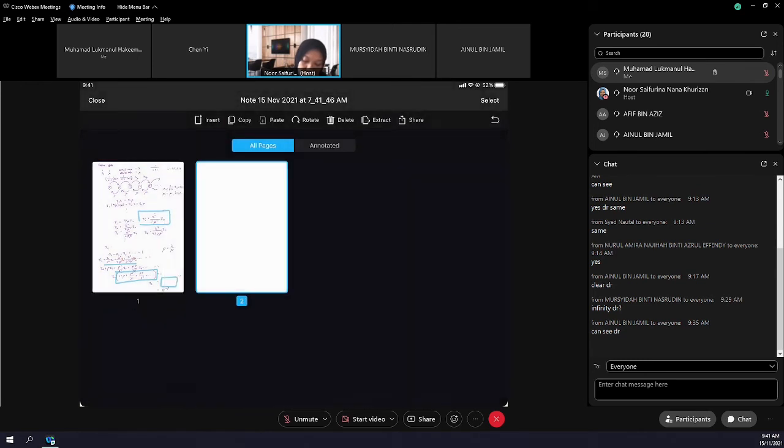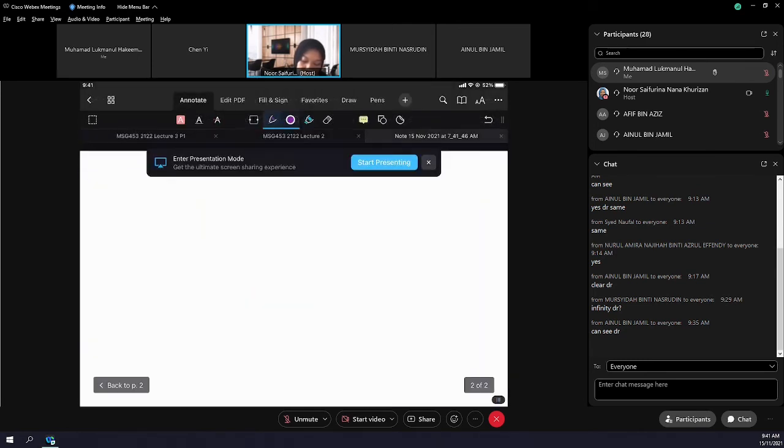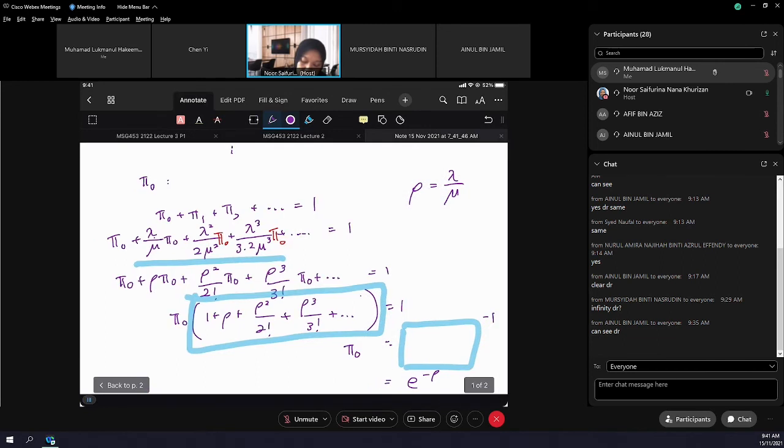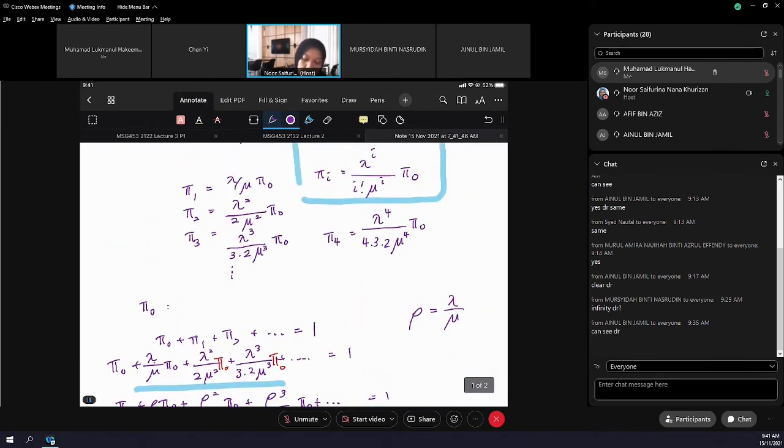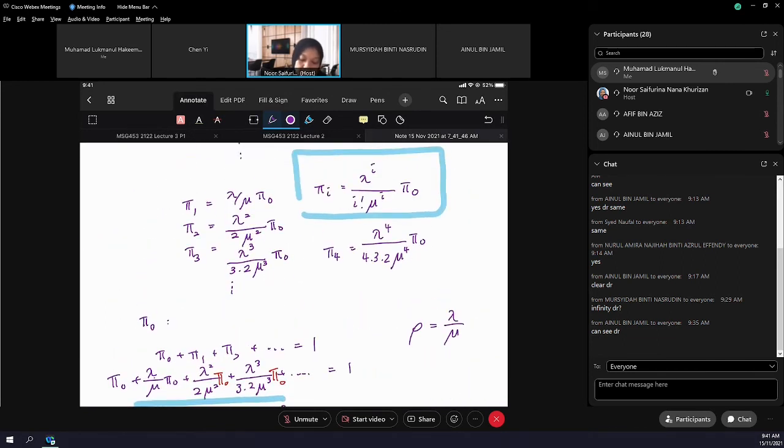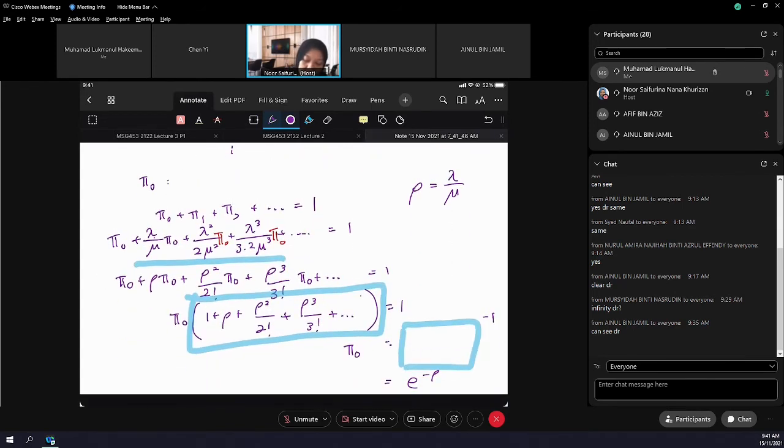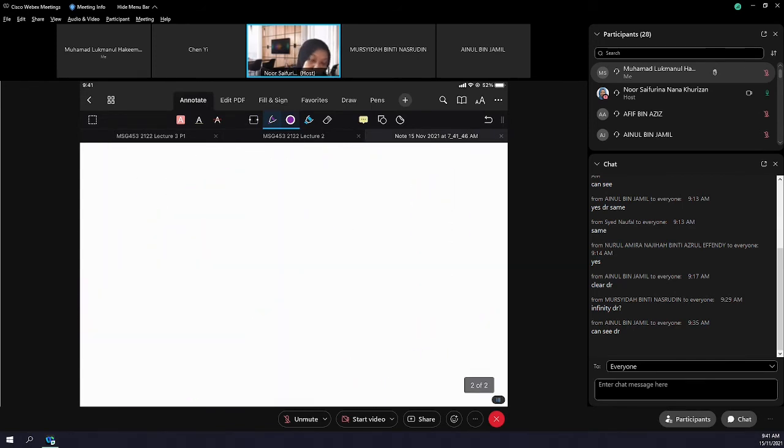You can substitute your pi naught in the general form of pi I. So for your pi I, you should get rho to the power of I over I factorial times e to the power of negative rho, for I equals 1, 2, 3, and so on. So that is your solution for question 2.